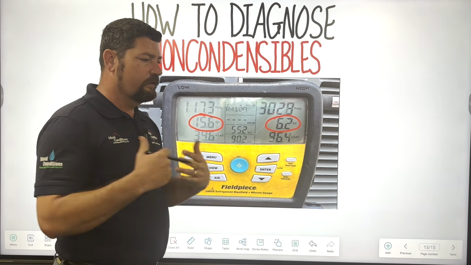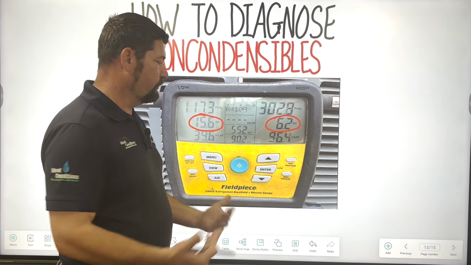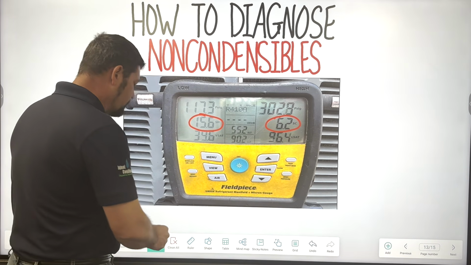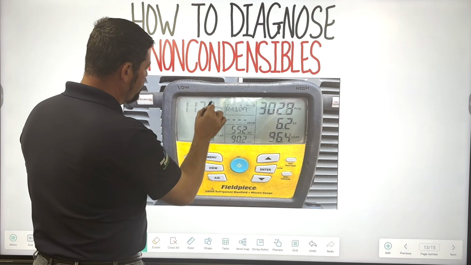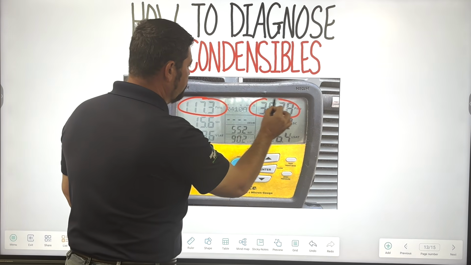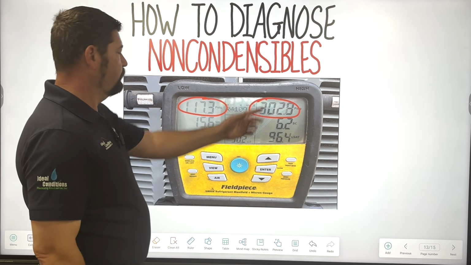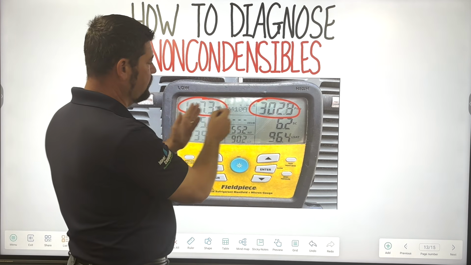And we want to know, is it a compressor that's causing that? How do I know if my compressor is good or my compressor is bad? Very simple. We'll just look at this real quick. If we were to look at the 117 and the 302, head pressure and suction pressure, how many times can this number go inside of that number?